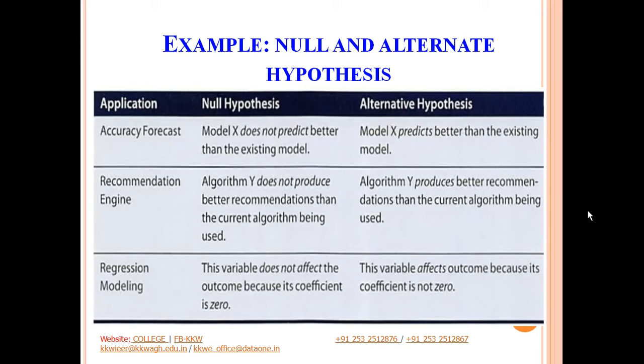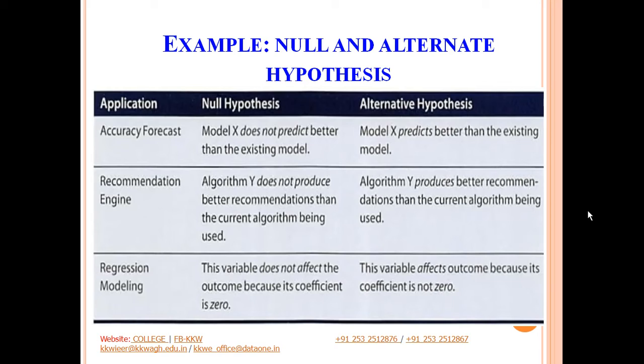Similarly, if you consider another application of recommendation engine, let us say the null hypothesis could be: algorithm Y does not produce a better recommendation than the current algorithm being used. Okay, and the reverse of it, that is the alternative hypothesis, would be: algorithm Y produces a better recommendation than the existing algorithm, right?